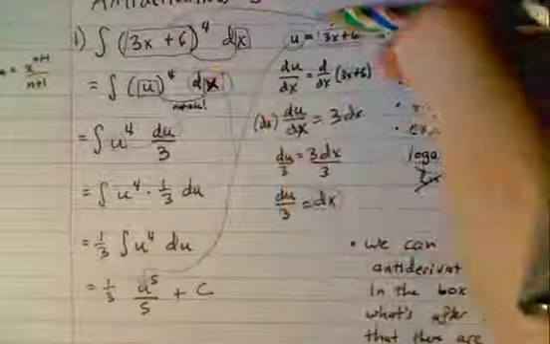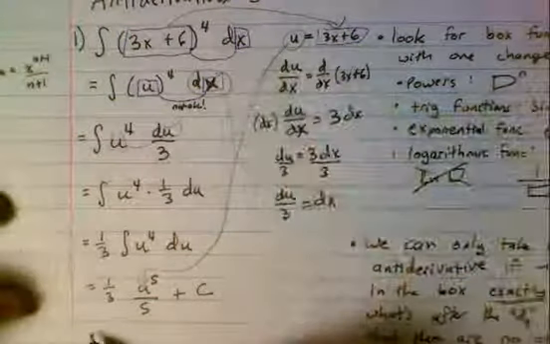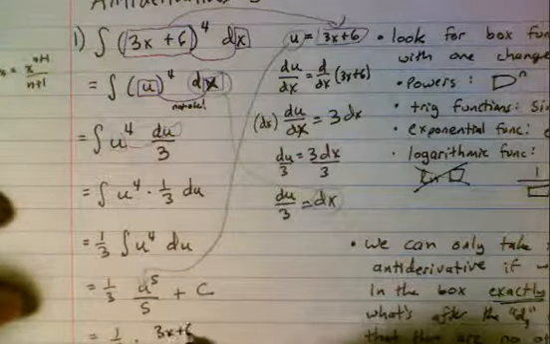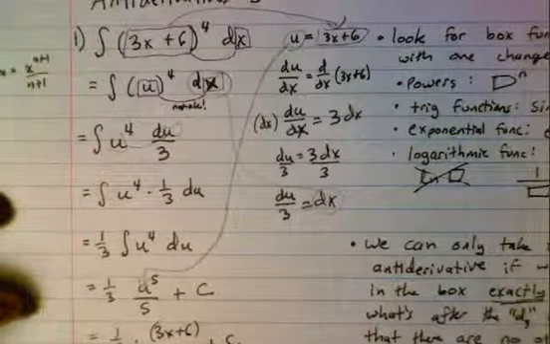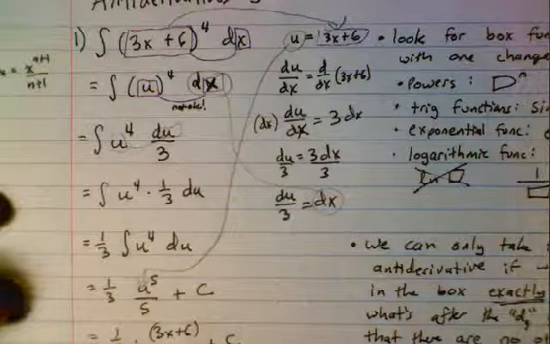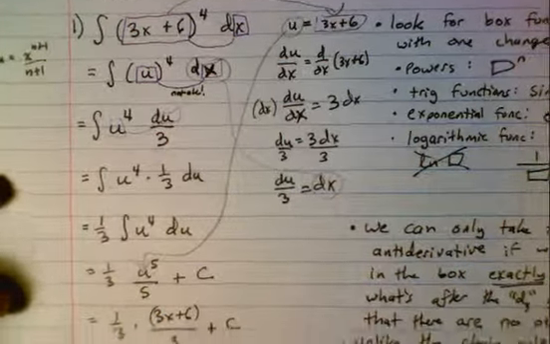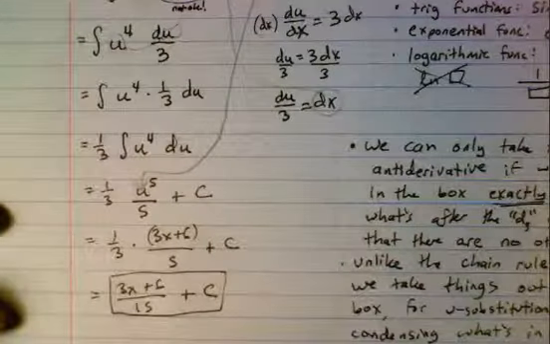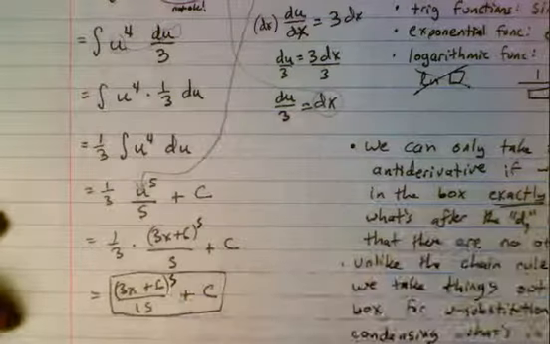So this came out to be 3x plus 6 equals u, and then that goes back in down here. So I can multiply that together. That's 3x plus 6 over 15 plus c, and there's my antiderivative. Oops, that's to the 5th. That's to the 5th power. There, that works better.